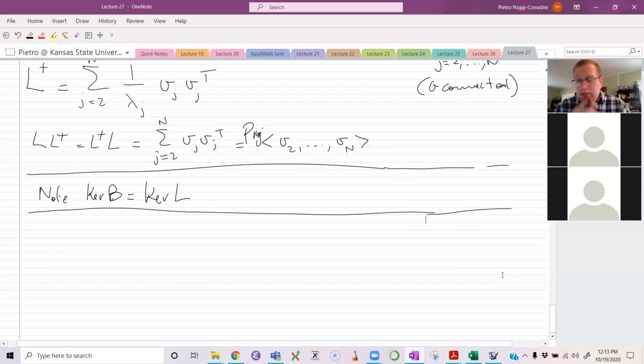All right, so let's go back to our problem. So to solve LH equals delta B minus delta A. And remember, H is a voltage potential.